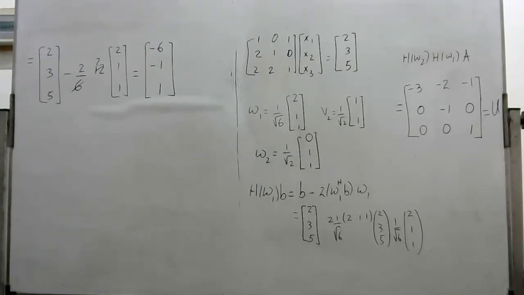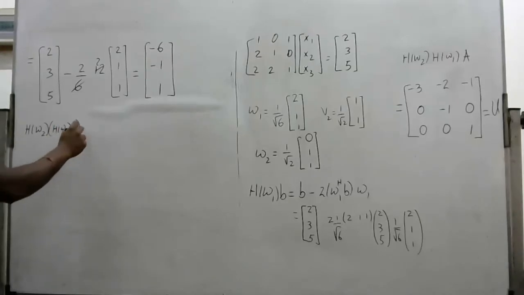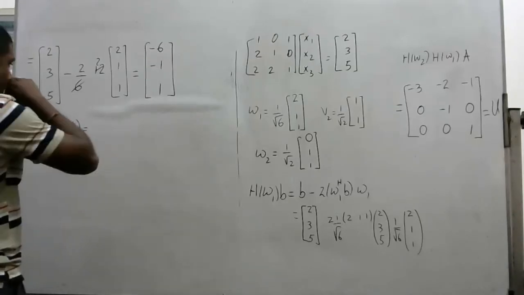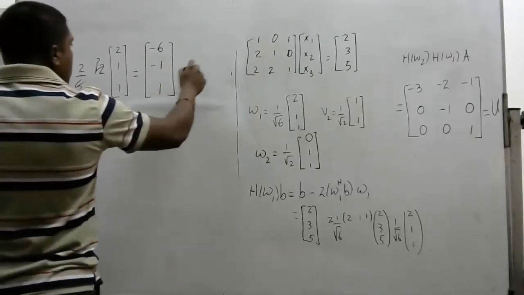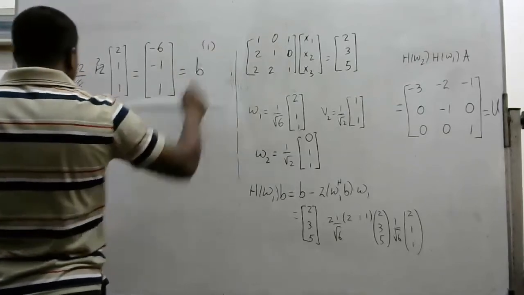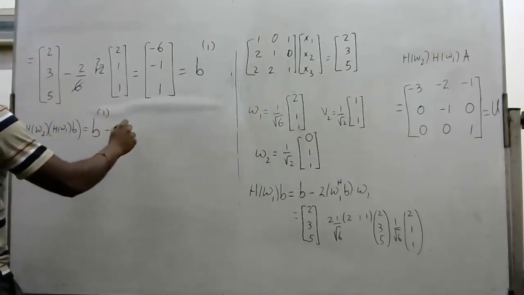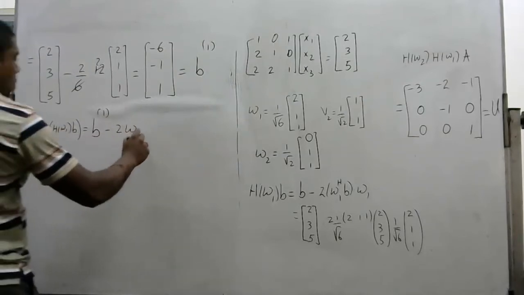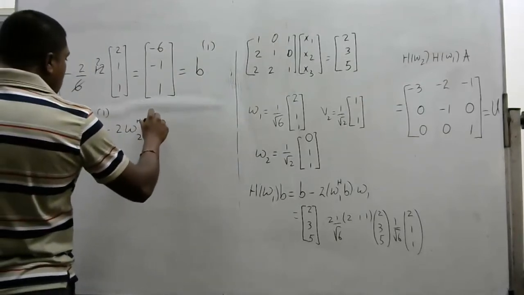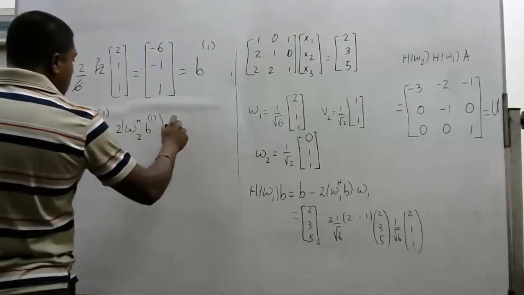And then you compute this H omega 2 times H omega 1 times b. Let me name this as d1. So that is d1 minus 2 omega 2 Hermitian d1 times omega 2.